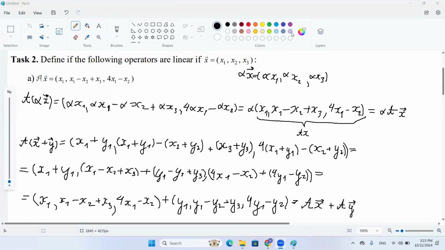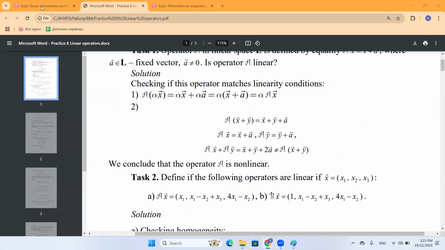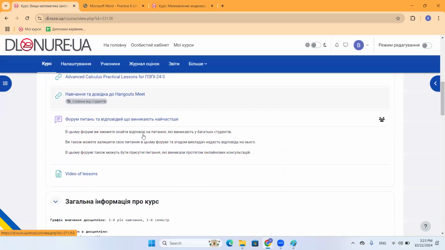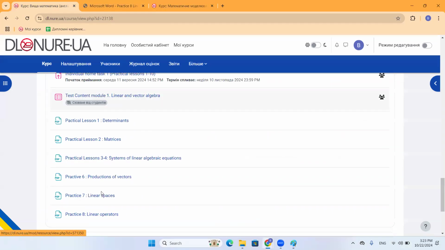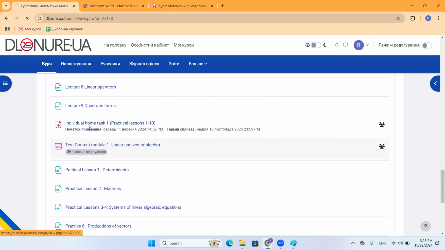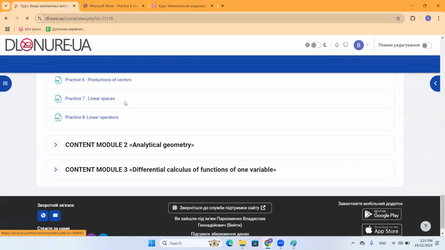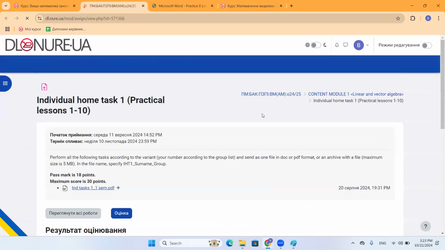It's a question not about this example, it's in general. In individual home task 7, as I remember, we have something that looks like this, but there we don't try to find whether it is linear or not. We perform specific actions on the operators. It means, okay, we haven't reached it yet, or we have passed it. I'm not sure.